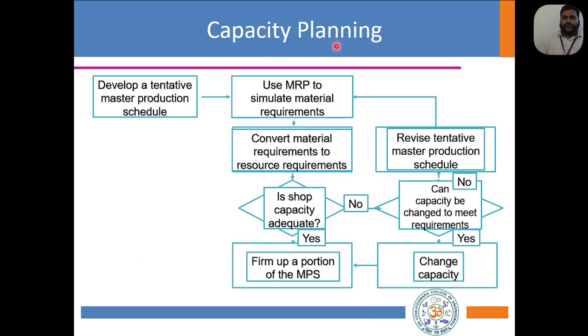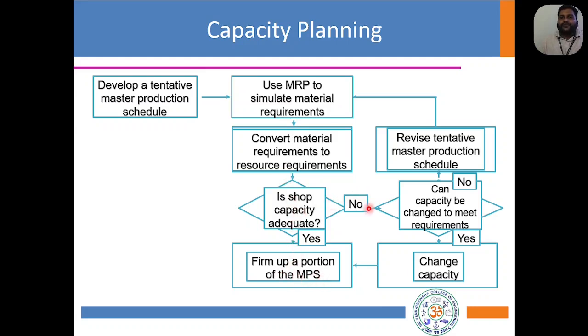When you talk about capacity planning, we develop a tentative master production schedule. This is fed into the MRP as simulated material requirements, which are then converted from material requirements to resource requirements. If that works, firm up a portion of the MPS.